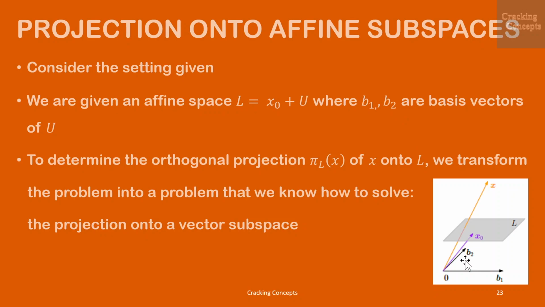To determine the orthogonal projection pi L of x onto the affine space L, we transform the problem into a problem that we know how to solve, that is the projection onto a vector subspace.